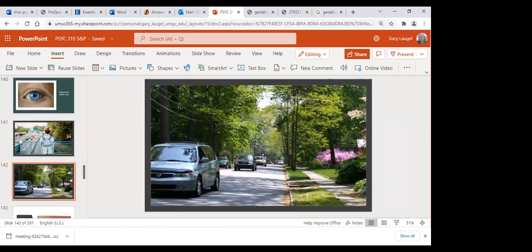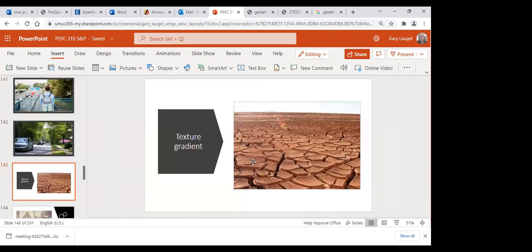This car back here looks quite a distance away compared to the car in front. And this one hides part of the one behind it, so you can tell this one is a shorter distance away. Texture gradient.